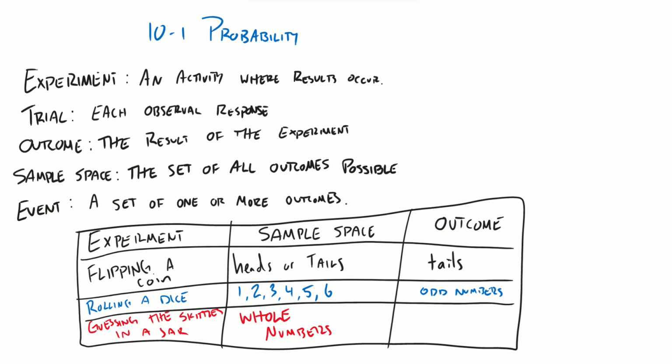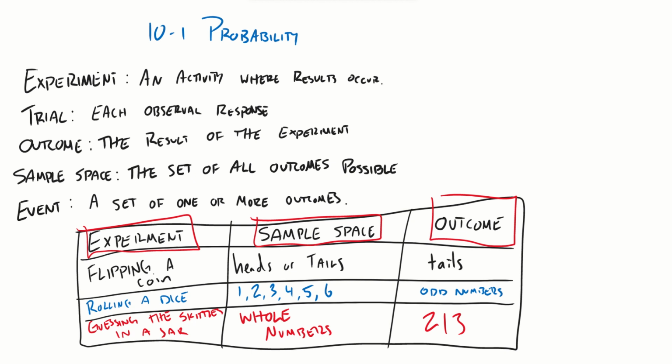There's not going to be a third of a Skittle in the jar. They're all whole Skittles. So I can guess any whole number that I want. And let's say that I want to guess the number 213. That would be my guess. Out of all the infinite numbers that exist, the choice I'm choosing is 213. There we go. So that hopefully can explain a little bit more about the difference between experiments, sample spaces, and outcome.